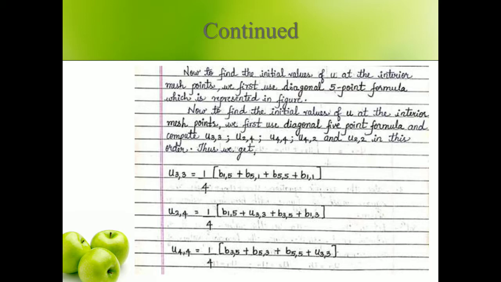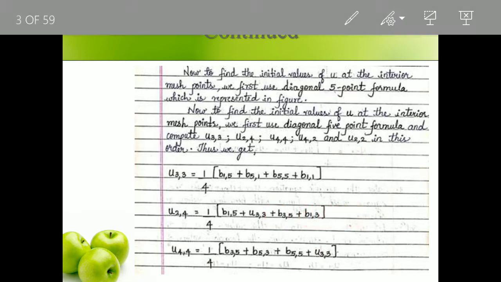For that you have the formula: u33 is equal to 1 divided by 4 of b15 plus b51 plus b55 plus b11. u24 is equal to 1 divided by 4 of b15 plus u33, which you have already found out, plus b35 plus b13. u44 is 1 divided by 4 of b35 plus b53 plus b55 plus u33.